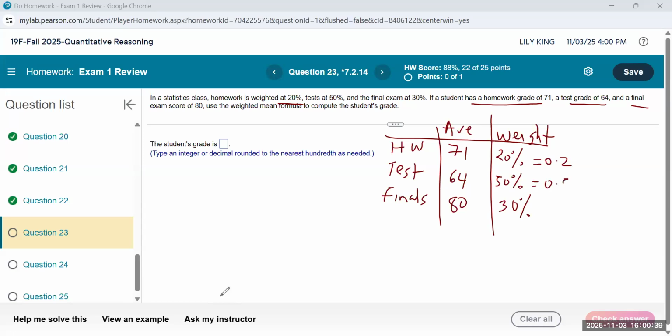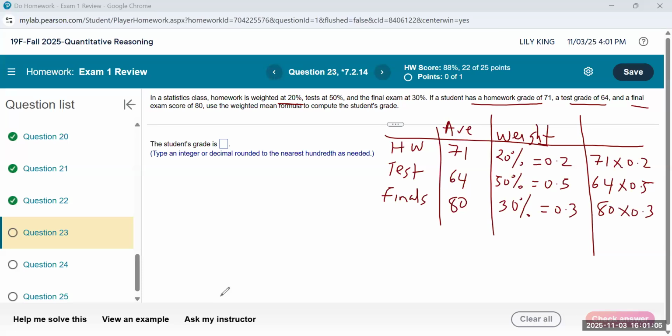The decimal equivalent for 50% is 0.5. 30% is 0.3. Now for the last column, you take the average and then you multiply by the weight. 64 times 0.5, 80 times 0.3.